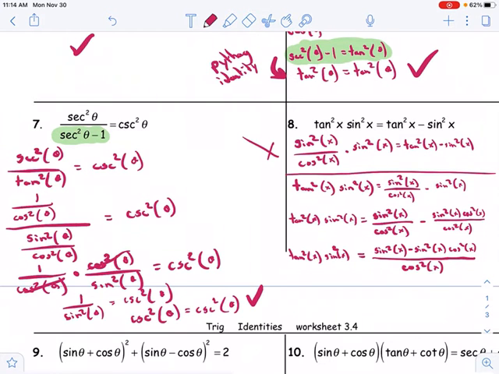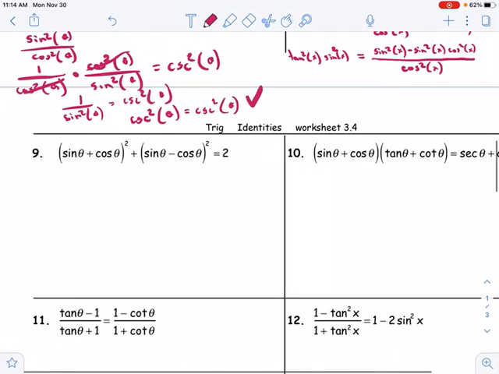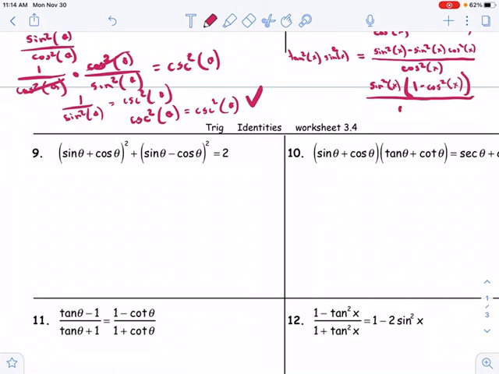So on the right, I'm actually going to factor out a sine squared x from my numerator on the right-hand side. So this is now sine squared x times 1 minus cosine squared x, all divided by cosine squared x. I'm trying to prove that this equals tangent squared x, sine squared x still.